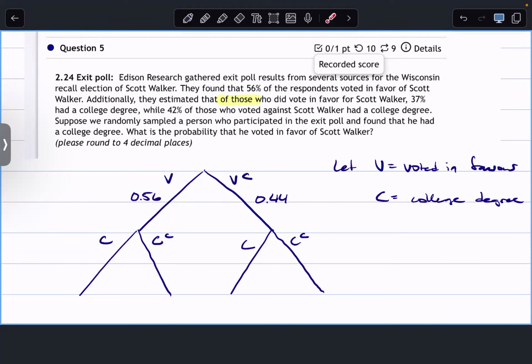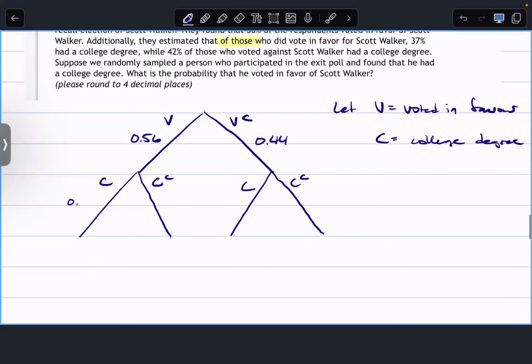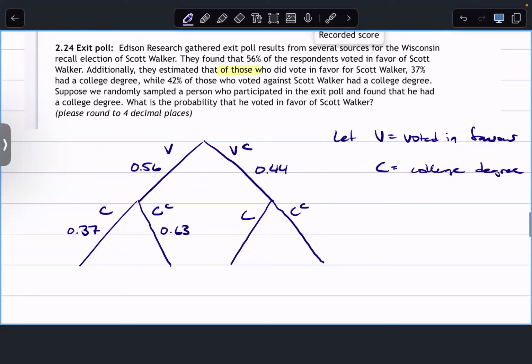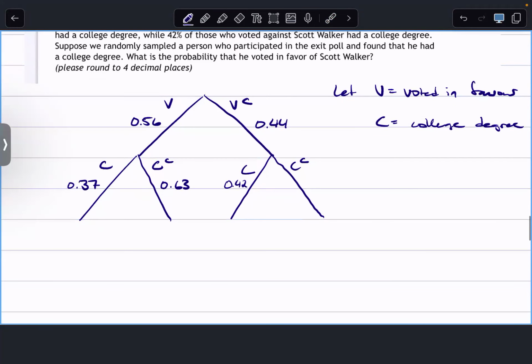Of those who voted in favor, 37% had a college degree, so 0.37, which means 1 minus 0.37 is 0.63. 42% of those who voted against Scott Walker had a college degree: 0.42, and 1 minus 0.42 is 0.58.